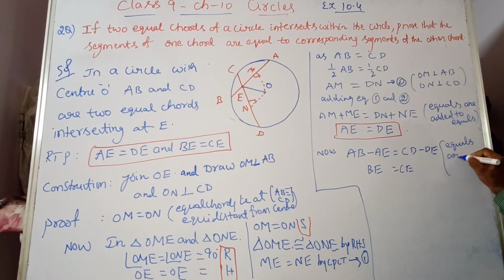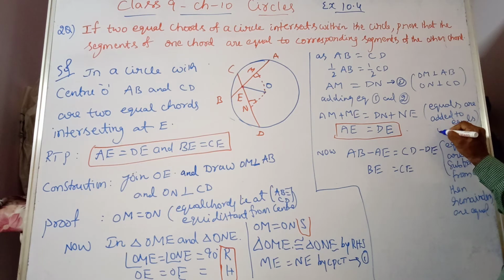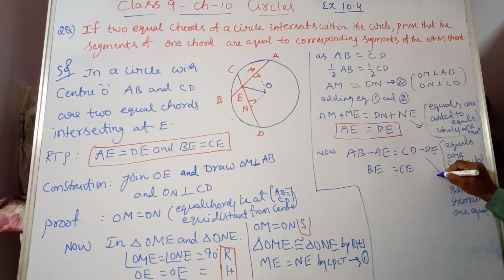from equals, then remainders are equal. Here equals are added to equals, wholes are equal. This is for this statement, and this is for that statement.